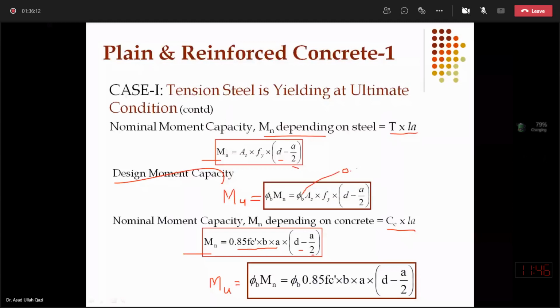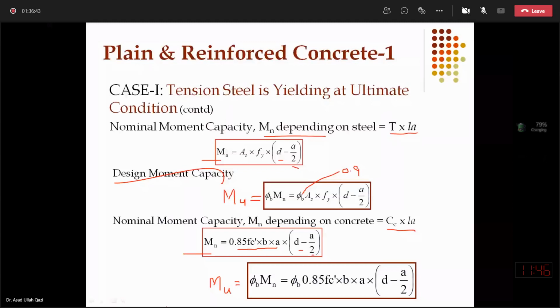This is the simple analysis of a beam with the known area of steel, with the known cross section, with the known material strength details, and you are asked to give us the capacity of the cross section.